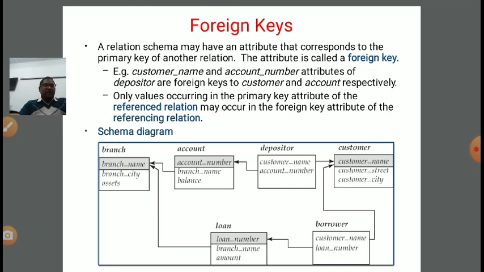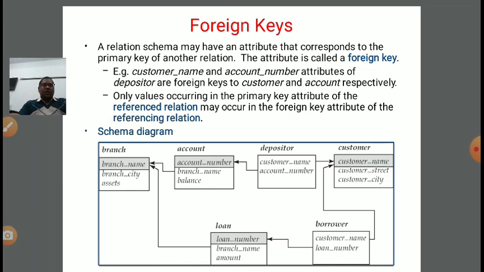The foreign key definition says that account number, the primary key in the account table, is used in the depositor table also. So in the depositor table, account number becomes a foreign key. Similarly, customer name is the primary key in the customer table and is used in the depositor table as a normal attribute. So customer name will become a foreign key in the depositor table.